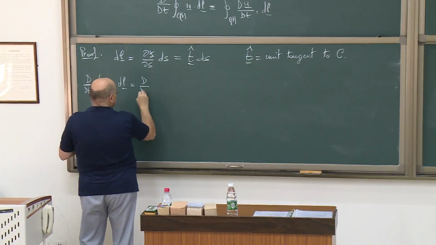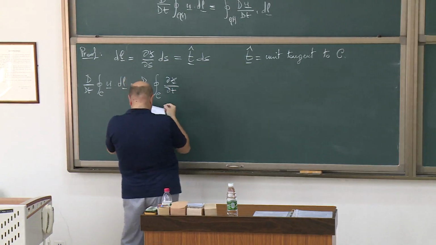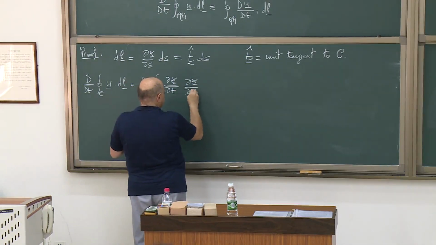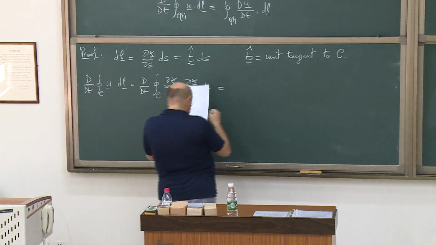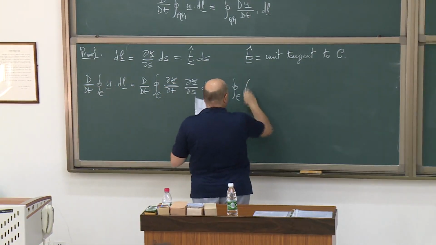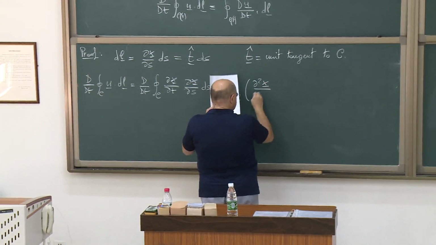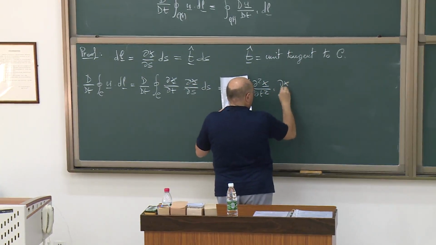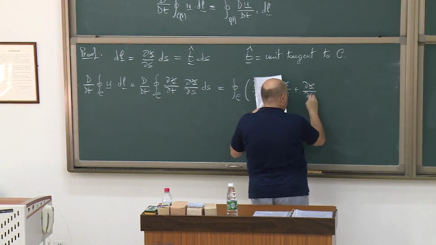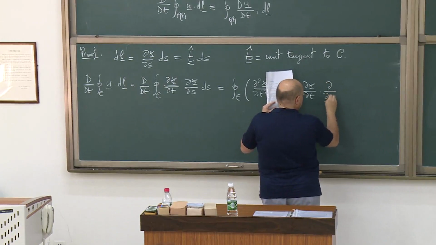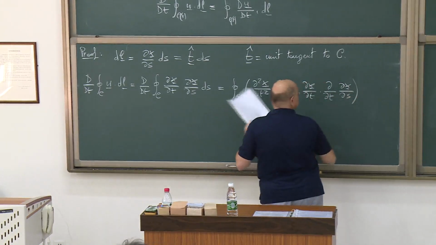We transform that: d/dt of the integral over C of dx/dt·dx/ds ds, dx/dt being the velocity, and this is the integral on C of, we go inside that, d²x/dt² times dx/ds plus dx/dt times the derivative with respect to time of dx/ds, all this in ds.